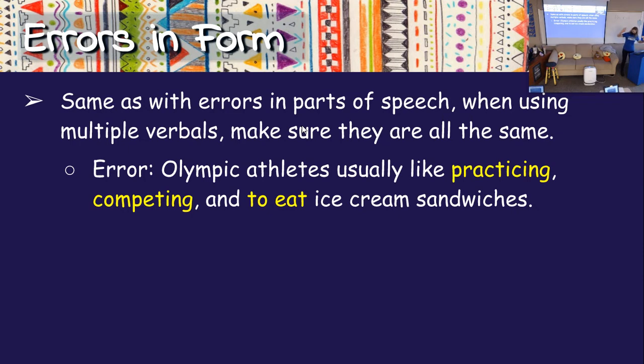Way to go. Okay, they're gerunds. Well, what's this one? To eat. What type of verbal is "to eat"? To followed by a verb, functioning as a noun in a sentence. "To eat" is a what? Logan, remember? Ashton, do you remember? Exactly. We literally just talked about it yesterday.